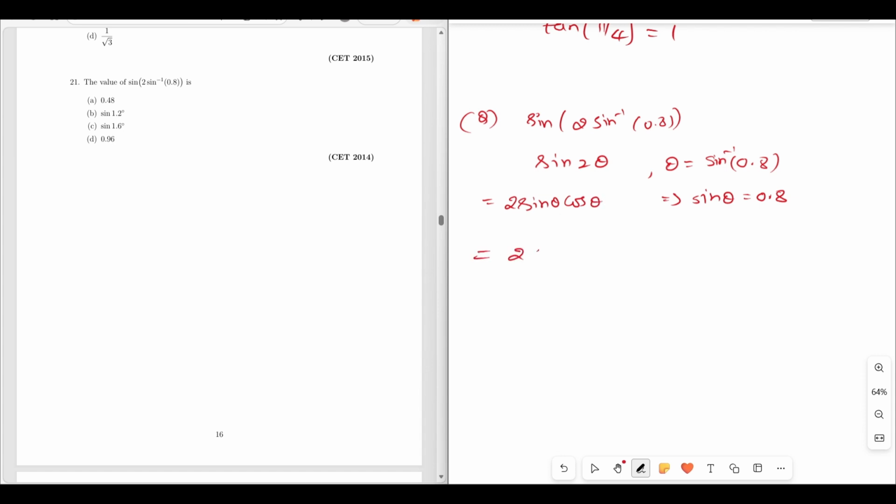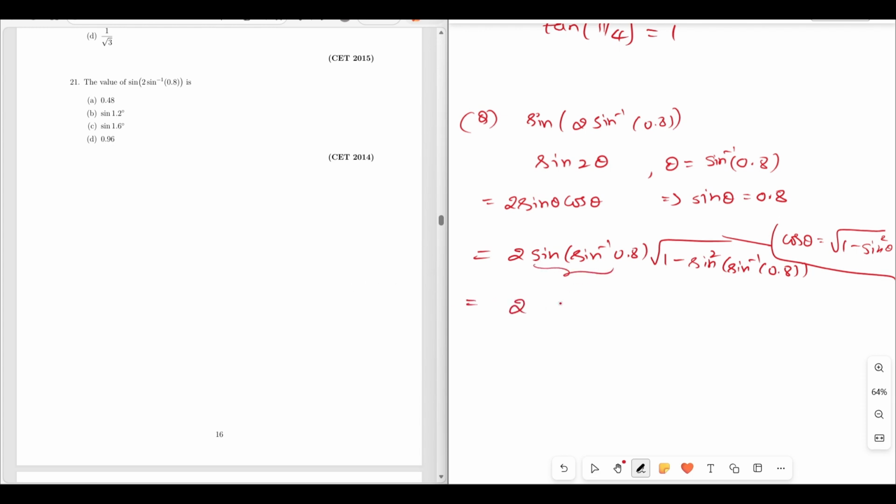So this is equal to 2 sine theta, whose value is 0.8. Cos theta can be written as root of 1 minus sine square theta, correct? So this is equal to 2 into 0.8 into root of 1 minus, and again sine inverse will go off, but we have whole square.